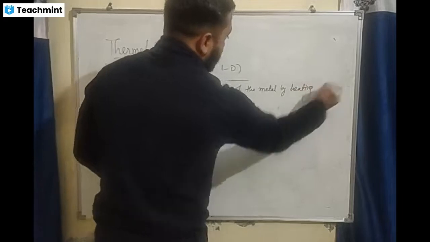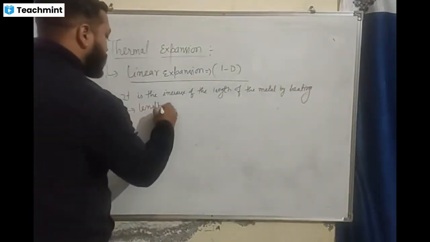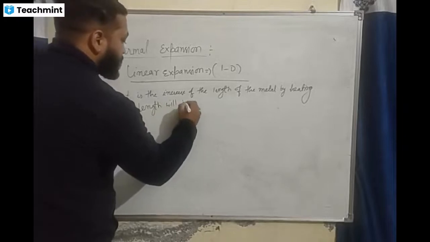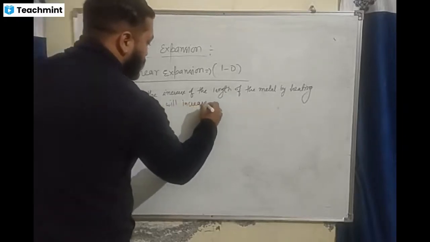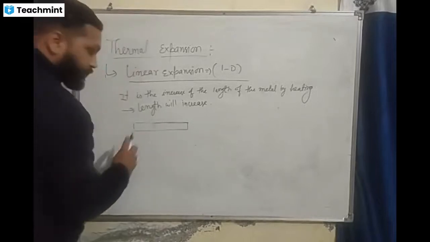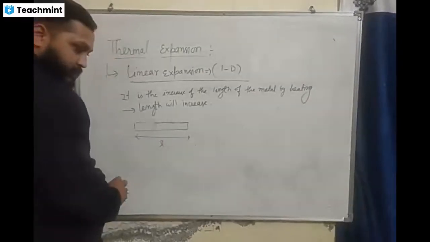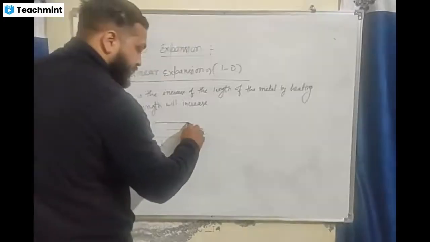So in this type of expansion, what will happen? The length will increase. Suppose this is a rod. Its length is L. After increasing the temperature, its length is increased.